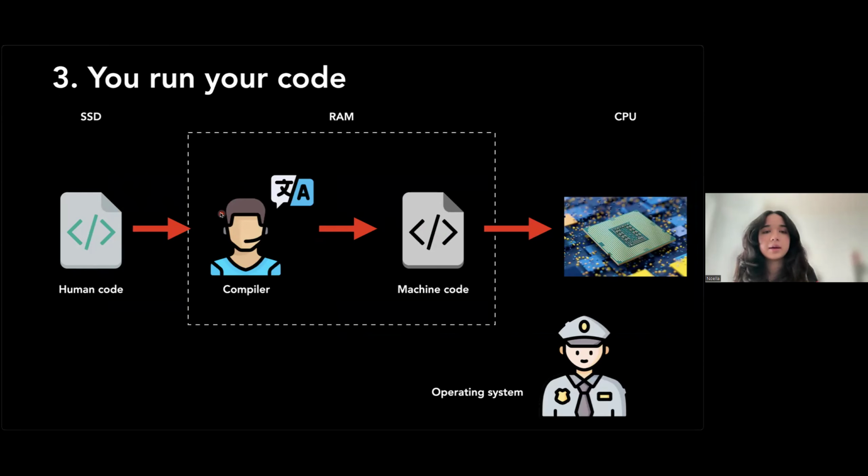Then you have your compiler, which is also just a code program that sits in the RAM, and it takes the human code and translates it into machine code. This all happens and is stored in the RAM. Then all of this machine code is given to the CPU where it gets executed. And this whole process is managed by your operating system.